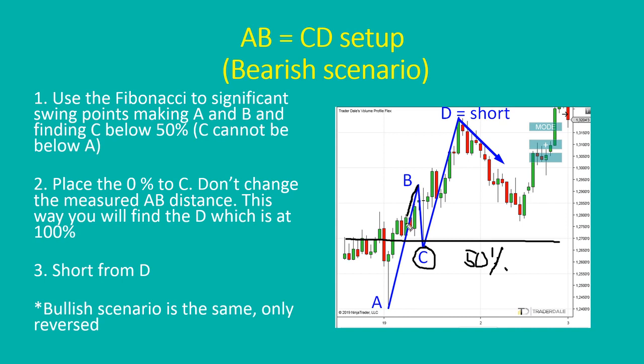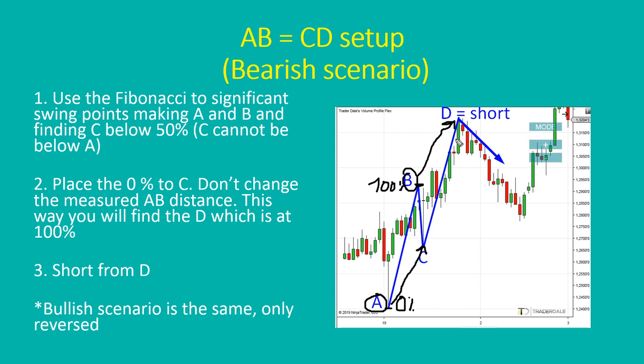Then, as you have the Fibonacci tool in here, you move it with your mouse, so the 0% of the Fibonacci, which was in here, moves to point C, and the 100% of the Fibonacci tool, which was in B, goes to D. Maybe this sounds a bit complicated, but basically you just transfer this distance from here to here.